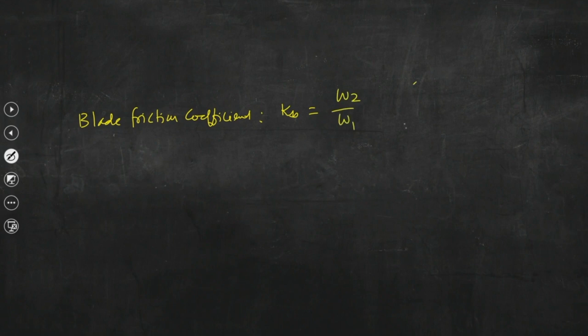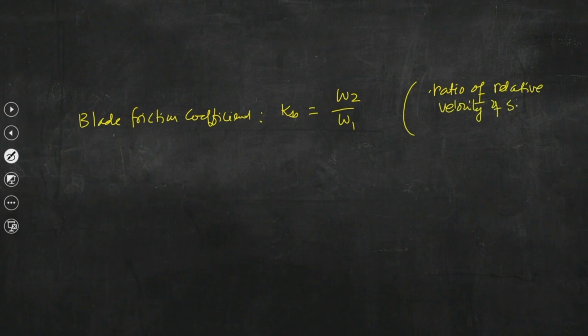This is the ratio of relative velocity of steam at exit to that at inlet.